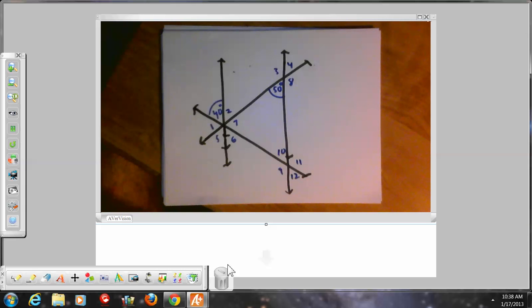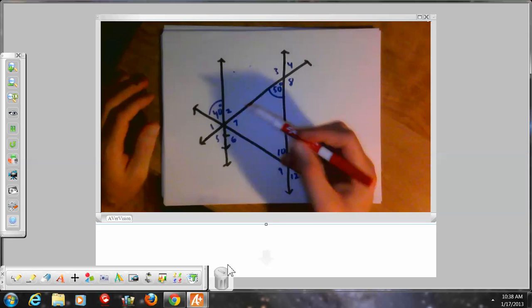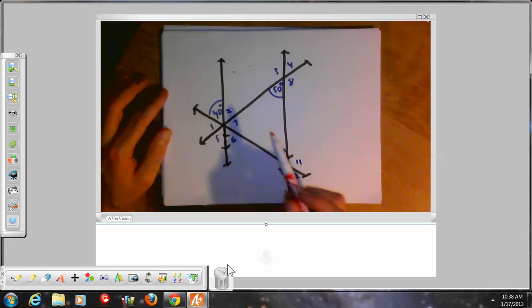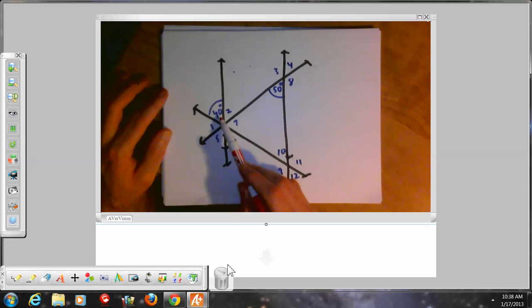Now, what do we know here? Well, let's start on this side. So we know that this 40 degrees over here, and we know that angle 6 is also going to be 40 degrees because these two guys are vertical angles. Okay?